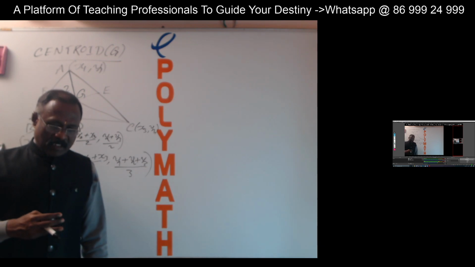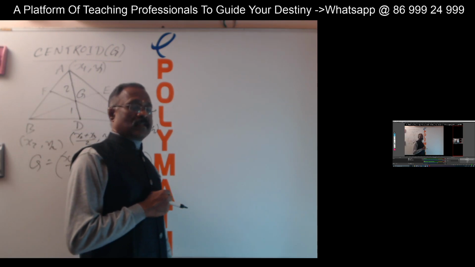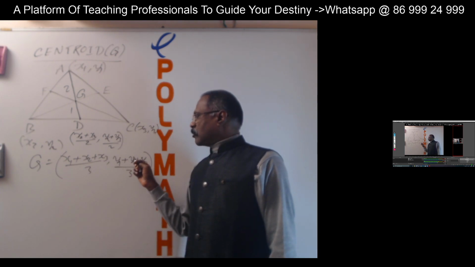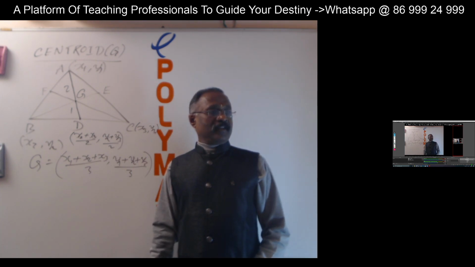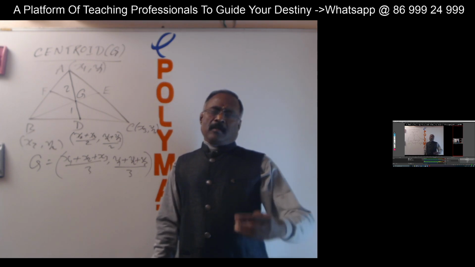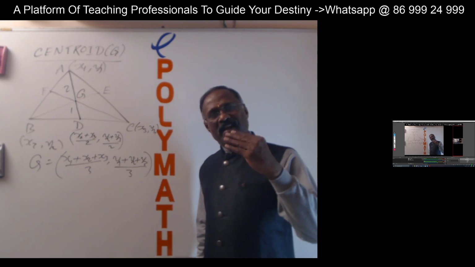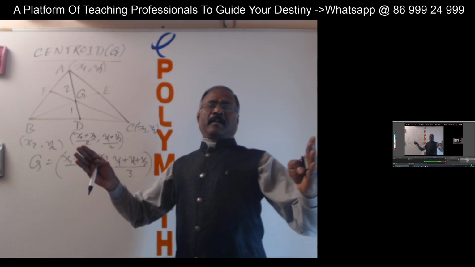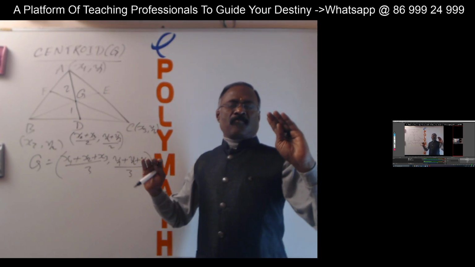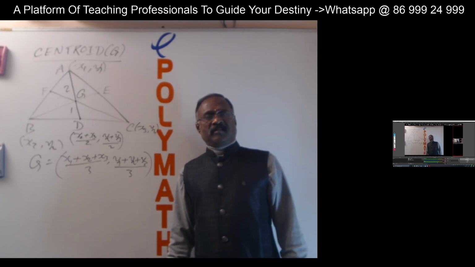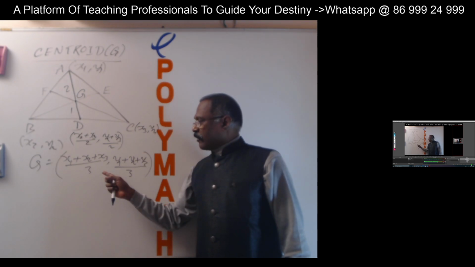Average means sum of x coordinates by 3, sum of y coordinates by 3. Whenever you take the centroid of any n-sided polygon, sum of all x coordinates divided by n, sum of all y coordinates divided by n gives you the centroid.